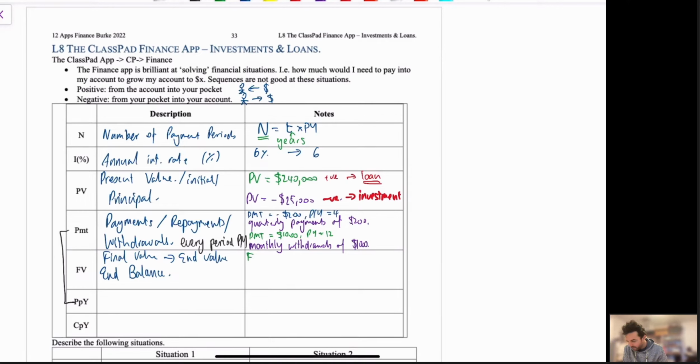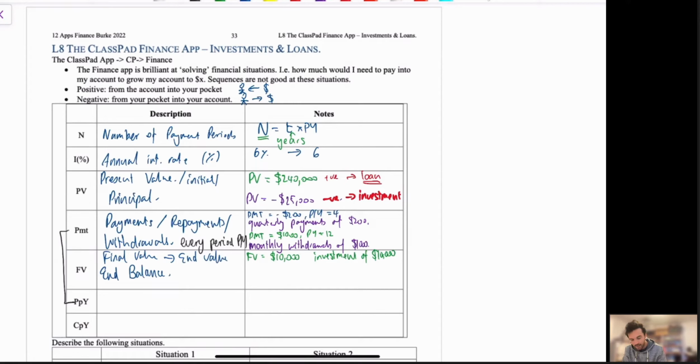If FV is equal to, let's say, $10,000, then at the very end of your balance, you've got positive $10,000. That means that money is going to go into your wallet. So what it's saying is that you have an investment of $10,000.